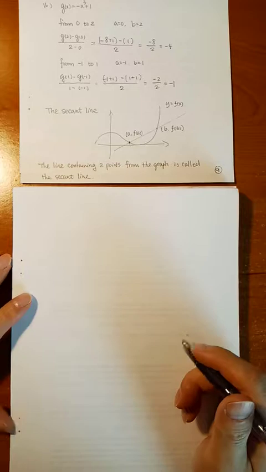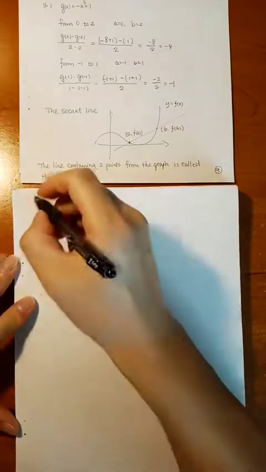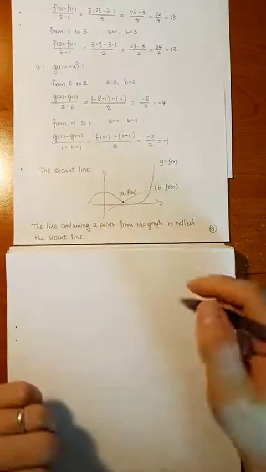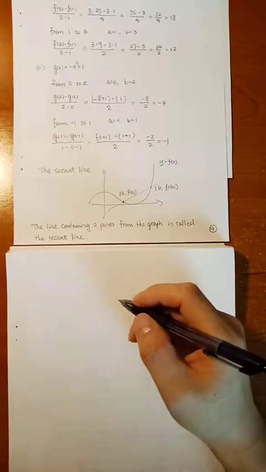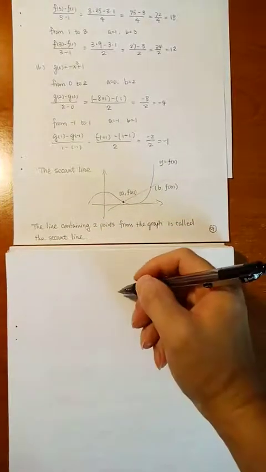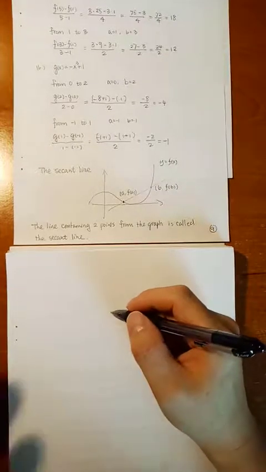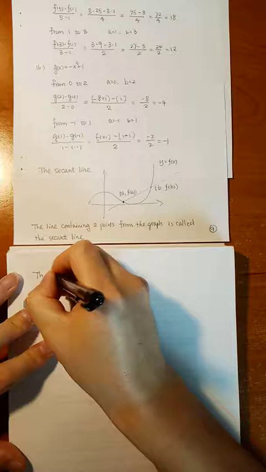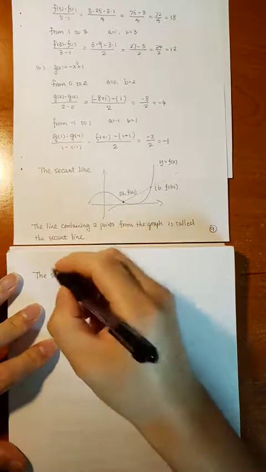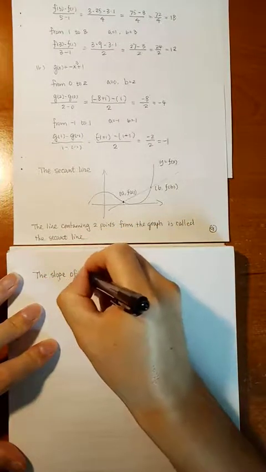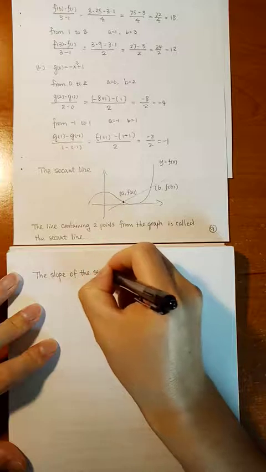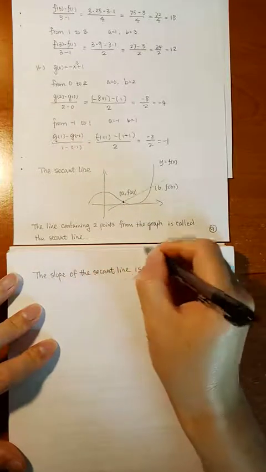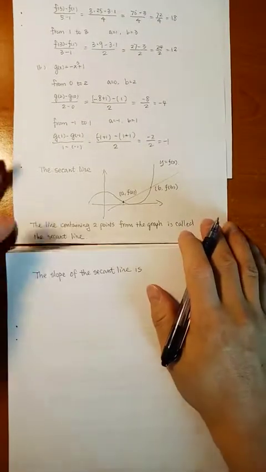With 2 points, how do we compute the slope? The slope of the secant line is, what is the slope? Slope is rise over run, right?